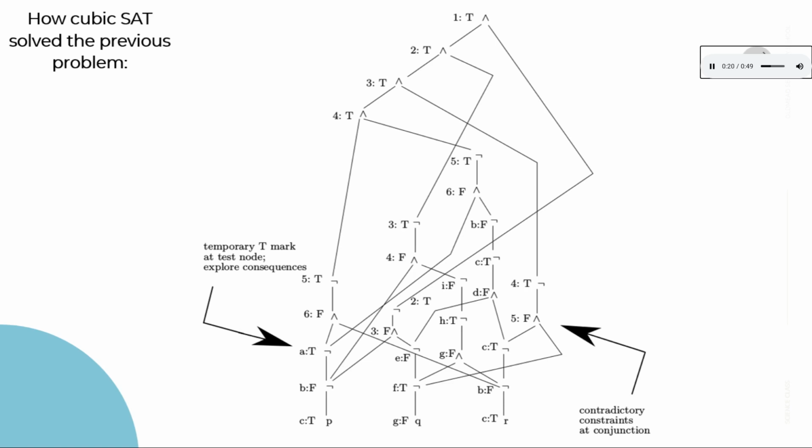Now we can observe that this marking produces a contradiction on the node which is pointed to by the arrow on the right. Hence, this marking of true on the test node is not valid. So let's see what happens if we mark this node as false.